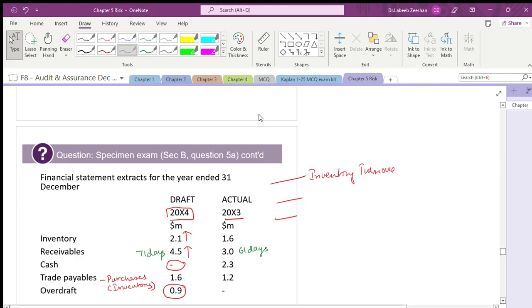Is it right? We can calculate payables. Next, we can calculate the current ratio. Is it right? We can calculate the quick ratio.